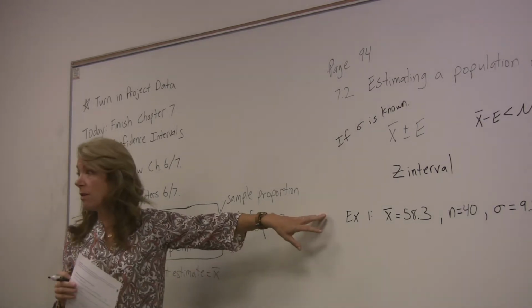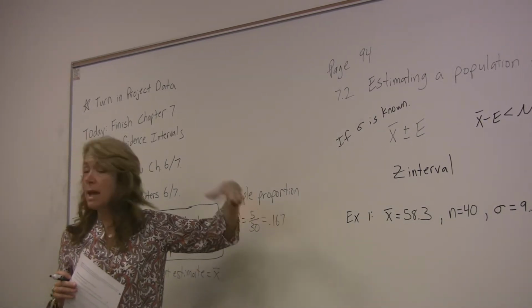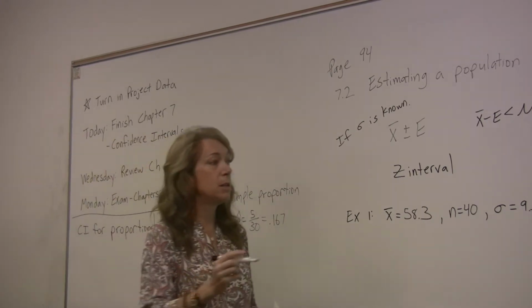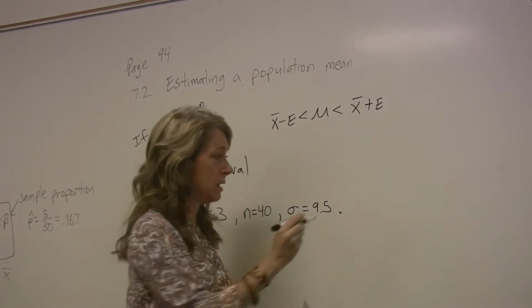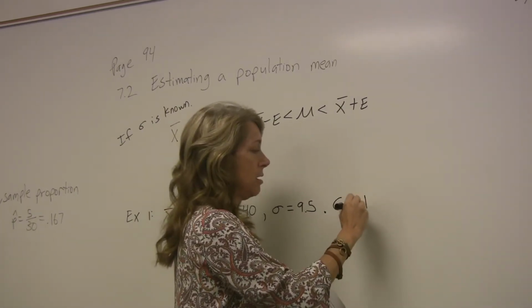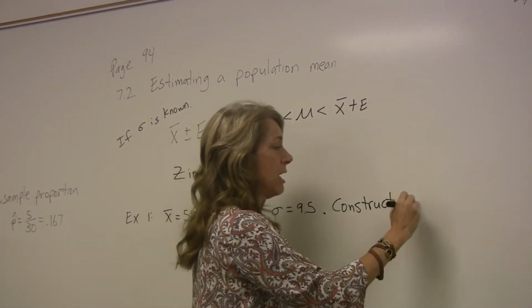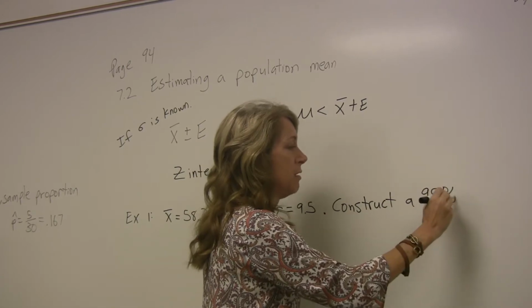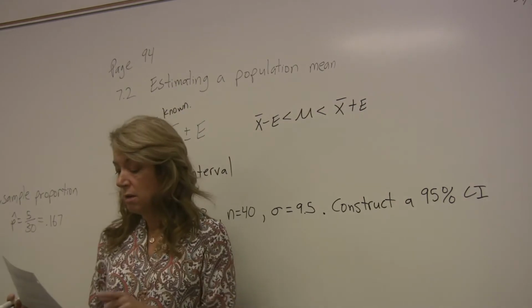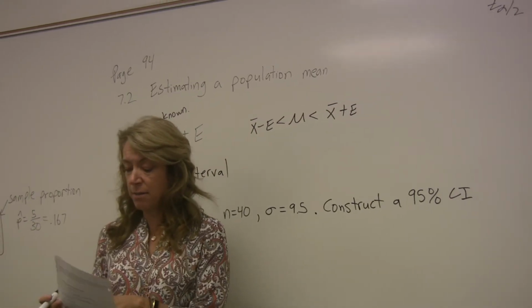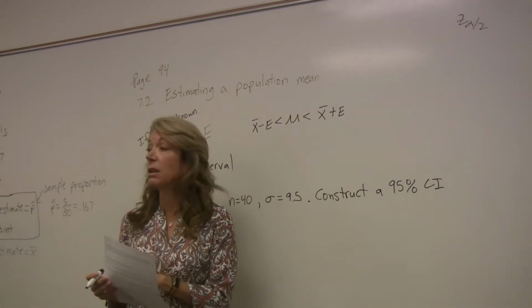So this was everything that was given, and they asked me to find what? Construct what? Construct, it didn't say find. Construct a 95% confidence interval, and keep reading after it says confidence interval. 95% confidence interval estimate of the population mean.